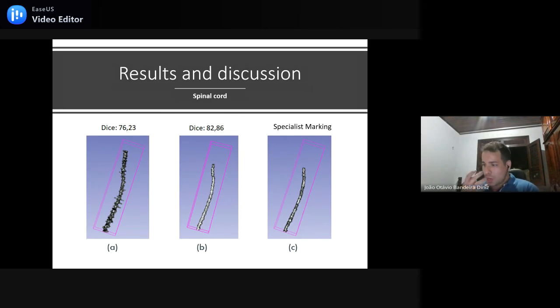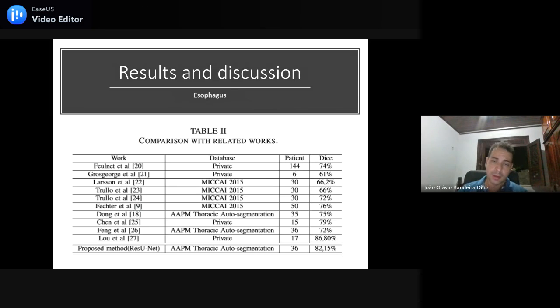That's the visual results at the image C. We can see the specialist marking and the dice of each segmentation of our method, the first method and the second one. As we can see, the second method is very similar to the specialist mark, right?